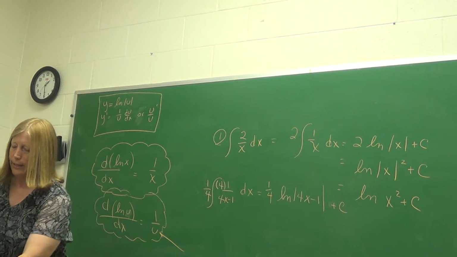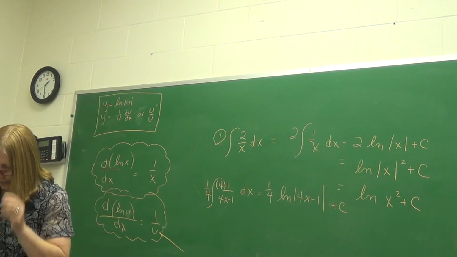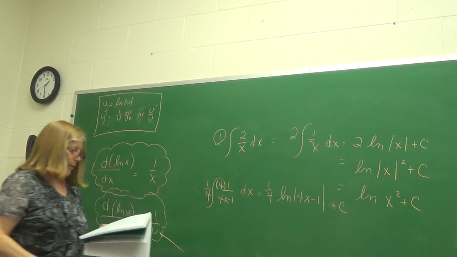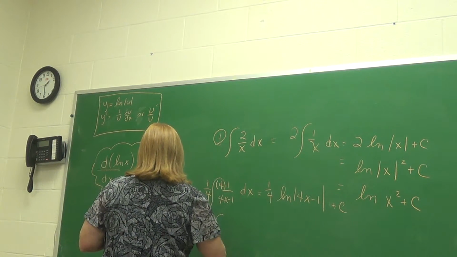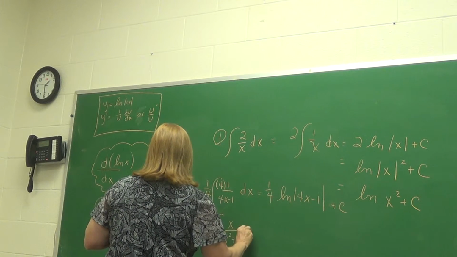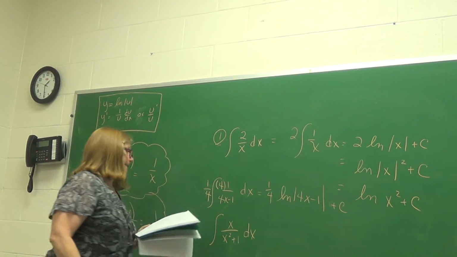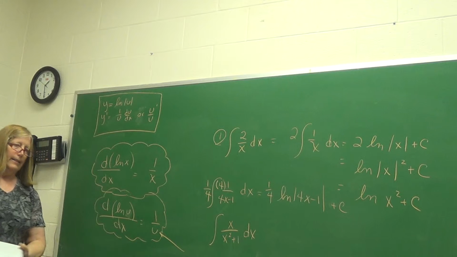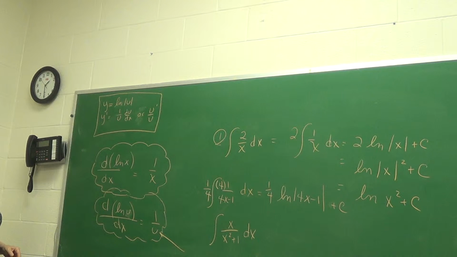Let's see if you can tweak the next one and do something similar. I want the integral of x over x squared plus 1 dx. Can you do the same thing with that one?